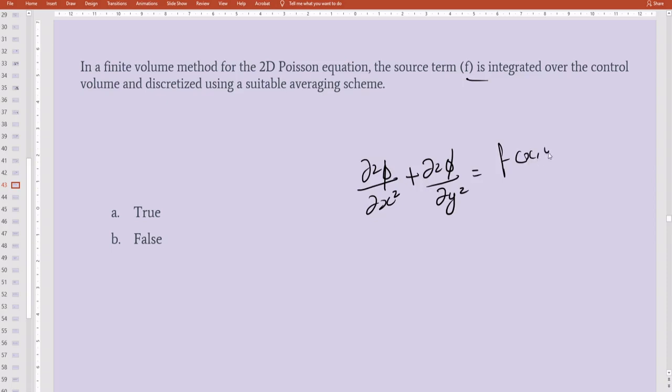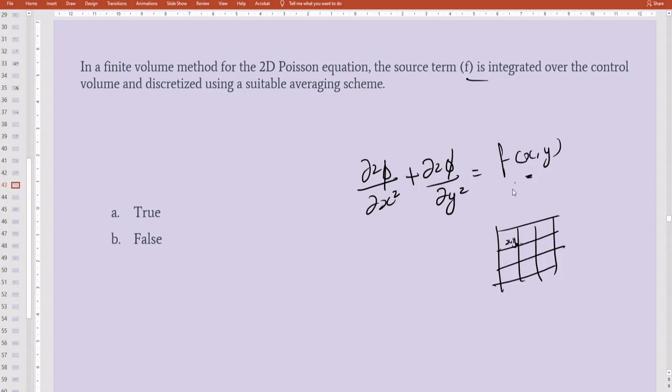If it is f of x comma y, then this means if we have a mesh, assume this is a uniform mesh, this f is a function of x and y. So this source term is spread all over our computational domain, and each point is given by x comma y.